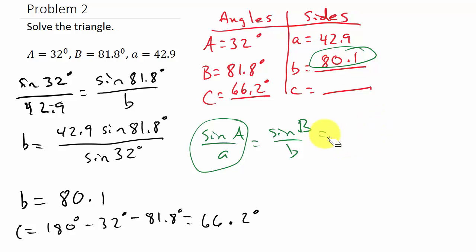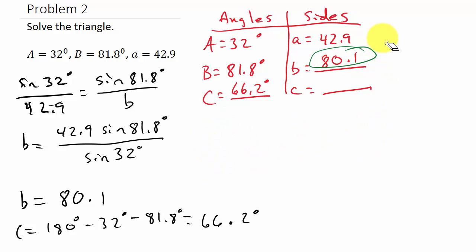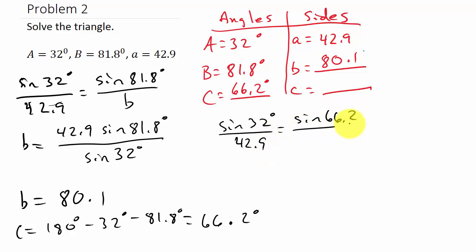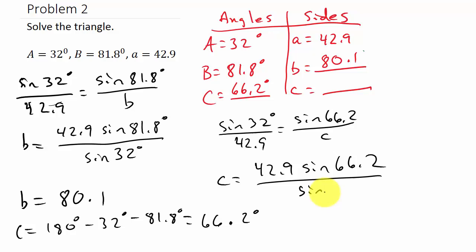All right, so let's go ahead and do that. So I've got sine 32 degrees over 42.9 equals the sine of 66.2 over side C. So now I'm going to solve for side C. So that's going to be C is 42.9 times the sine of 66.2 over the sine of 32 degrees.